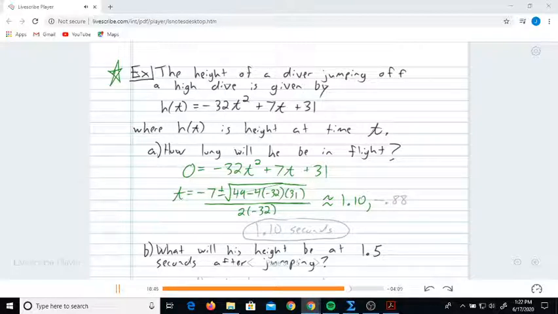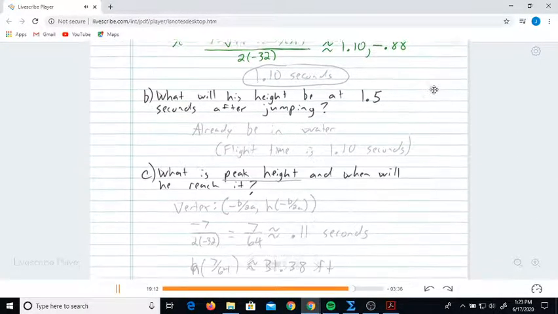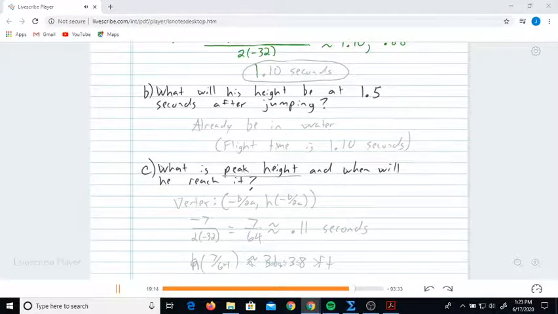And for the second one, we get negative 0.88. Alright, so there's only one answer that makes sense here. It's 1.10. And I didn't write it earlier, but the unit of time is in seconds. So 1.10 seconds. Alright, so that tells us how long this individual will be in flight.